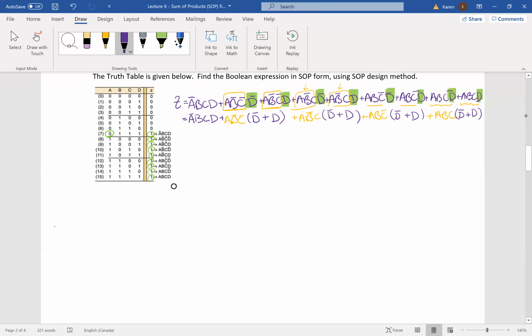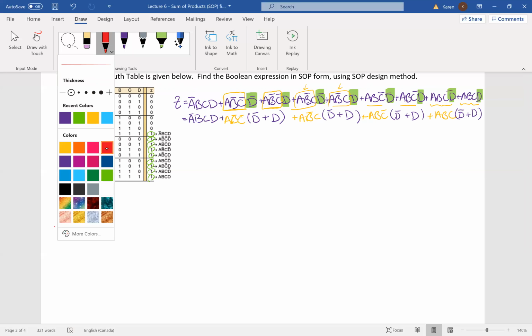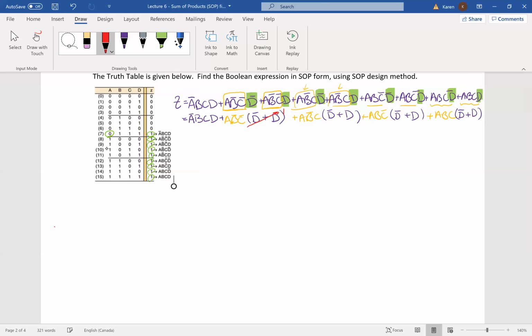Okay, and D inverted or D, that's an OR gate. And when something that is a 1 or a 0 goes through an OR gate, of course, one of them is going to be a 1, so that's going to turn into a 1. And when we AND something with a 1, it's the same as saying the thing itself.